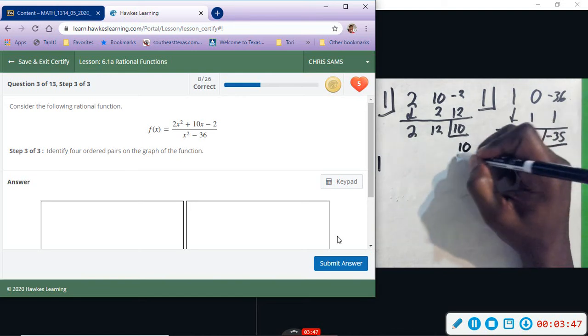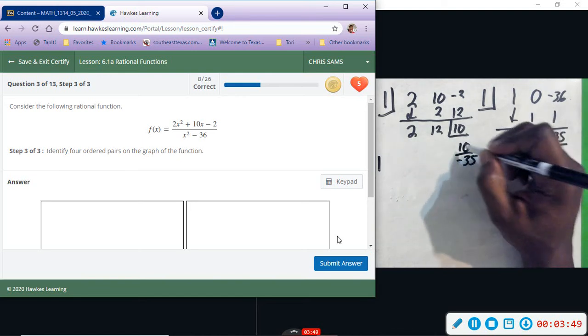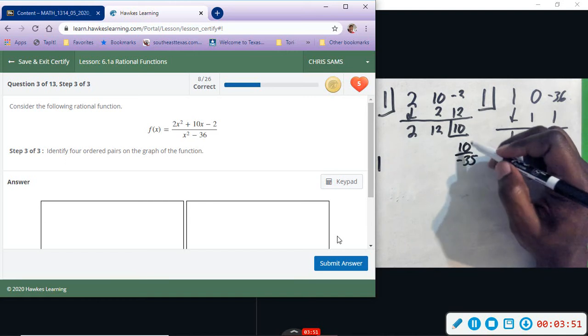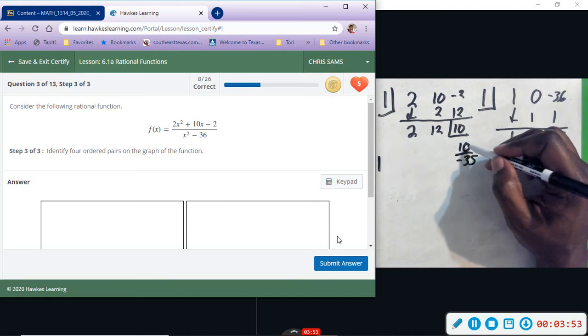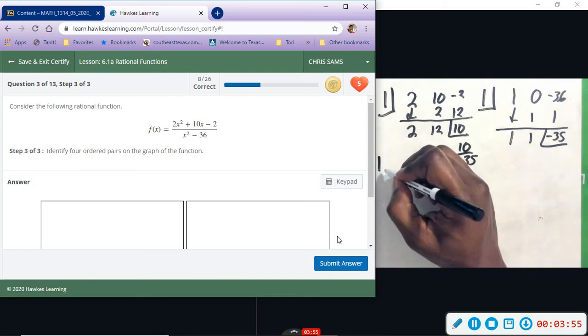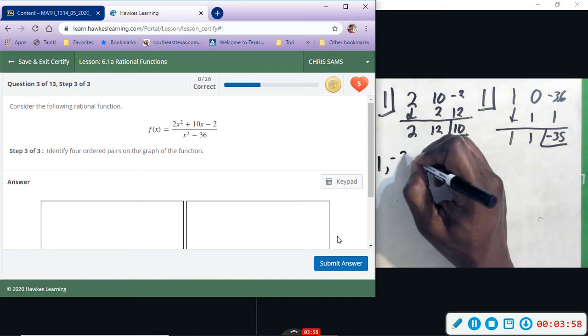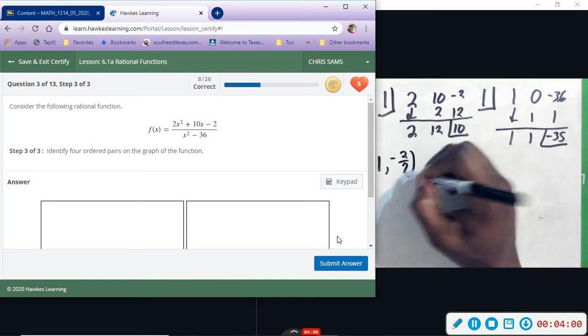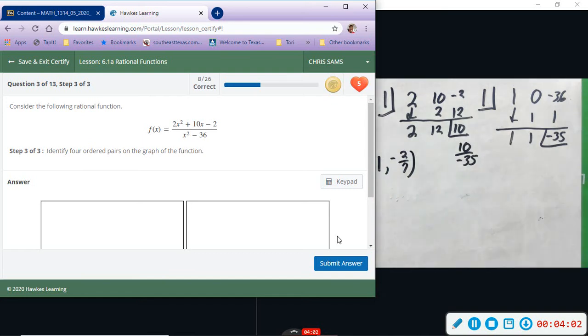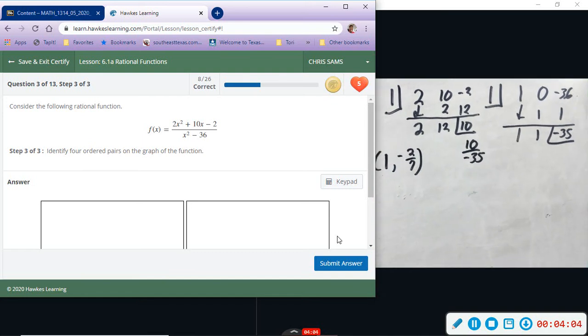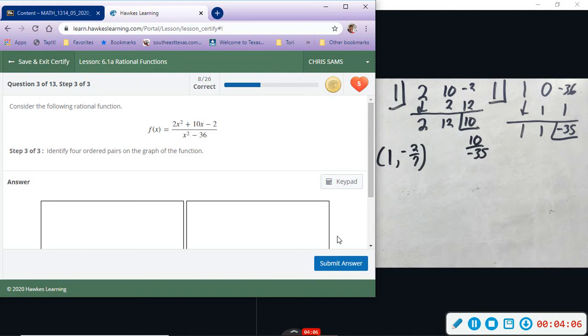So 10 divided by negative 35, that will reduce by dividing both by 5, and we'll get negative 2 over 7. Okay, so this is one way, and you'll need to do this for 4 numbers because we need 4 ordered pairs.